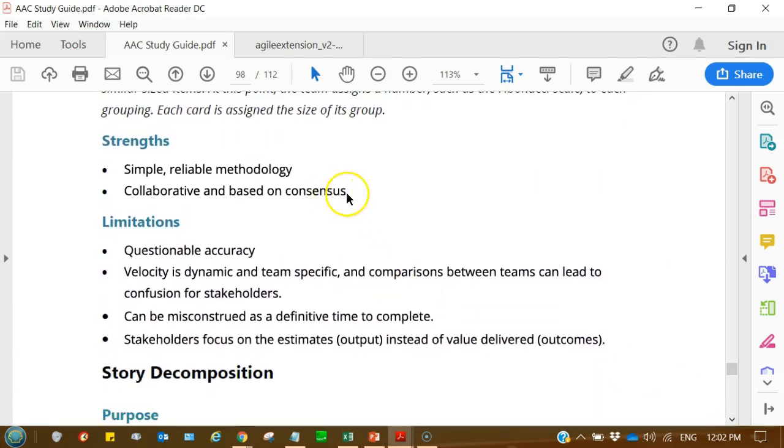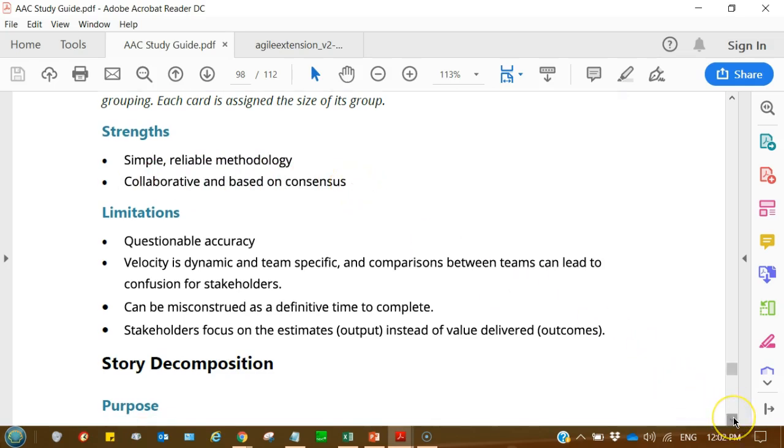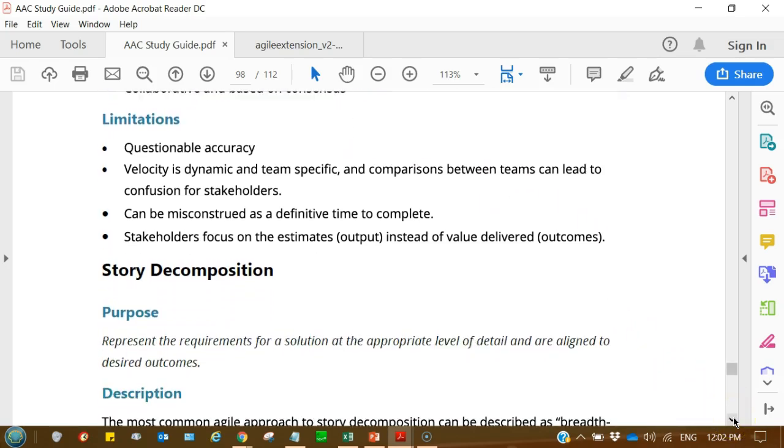The nice thing about relative estimation is that it takes a team to do it, and the goal is that the team come to a conclusion that they can all agree on. It's always possible for us to get it wrong. I mean, things change on the team.